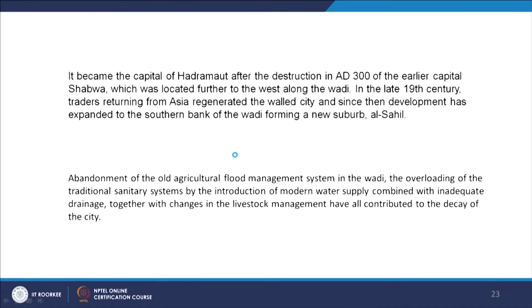So there is a service orientation here, a livelihood orientation reason for it, and gradually this has led to abandonment and decay.